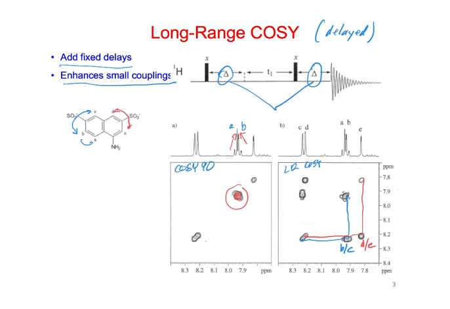Well, I think it would have something to do with, as the signals process, the large couplings are going to be splitting much more rapidly. Yeah. So it may be that the size of the delay might be relative to the size of those bigger couplings.